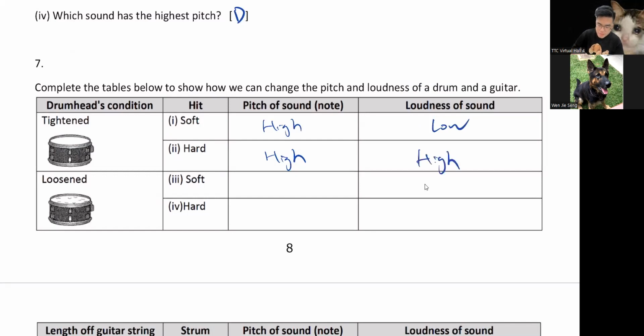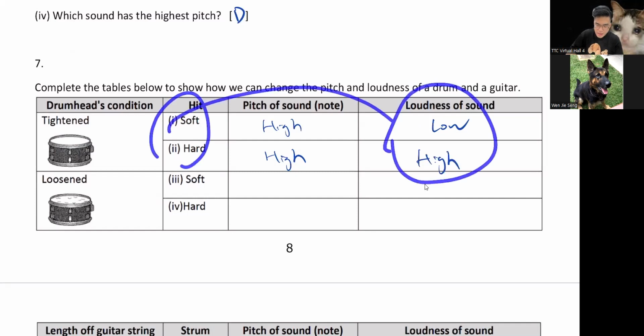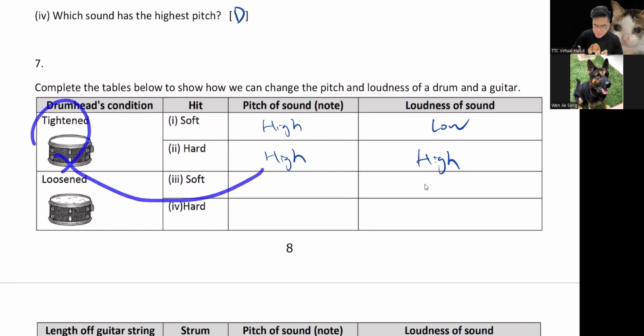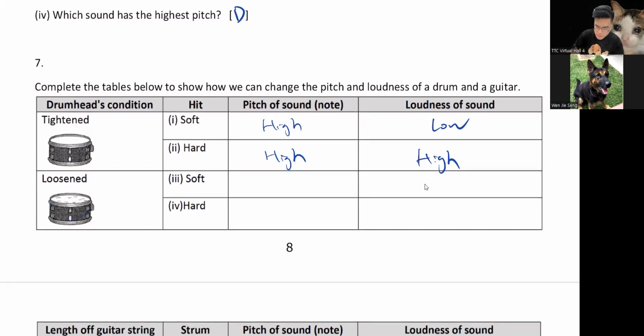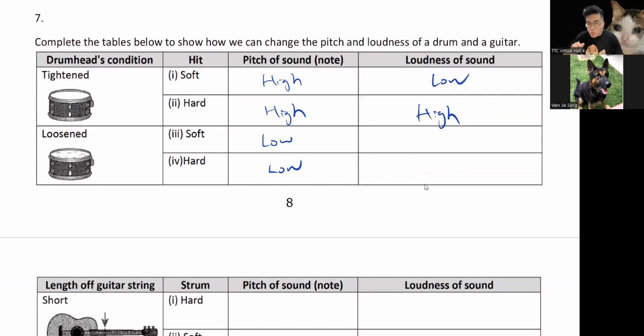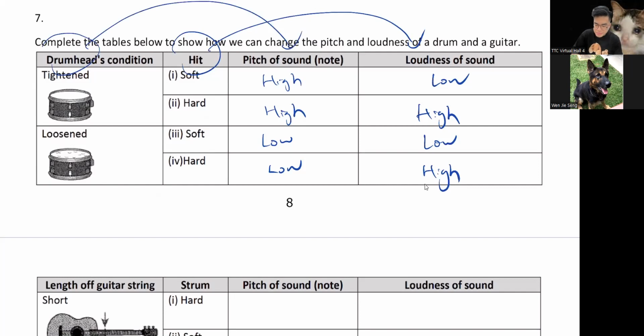So this is the amplitude, and this is the frequency. When it's loose, the pitch is low, as in dong dong. If you stretch it tight, it's dong dong, higher pitch. Soft and hard is the same thing, you have low and high. This column determines this, and this column determines this.